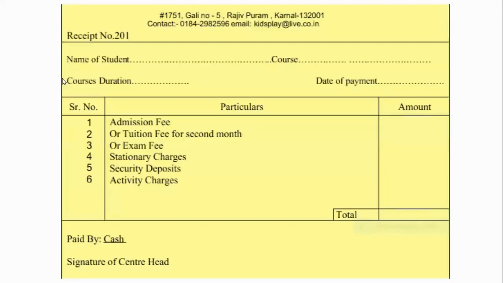Then this is an example of somebody's school fees. As you can see, it has the student's name, and then you indicate the course or the program they are doing. And then the items in the bill include, for instance, the admission fee, exam fee, stationery charges, activity charges.